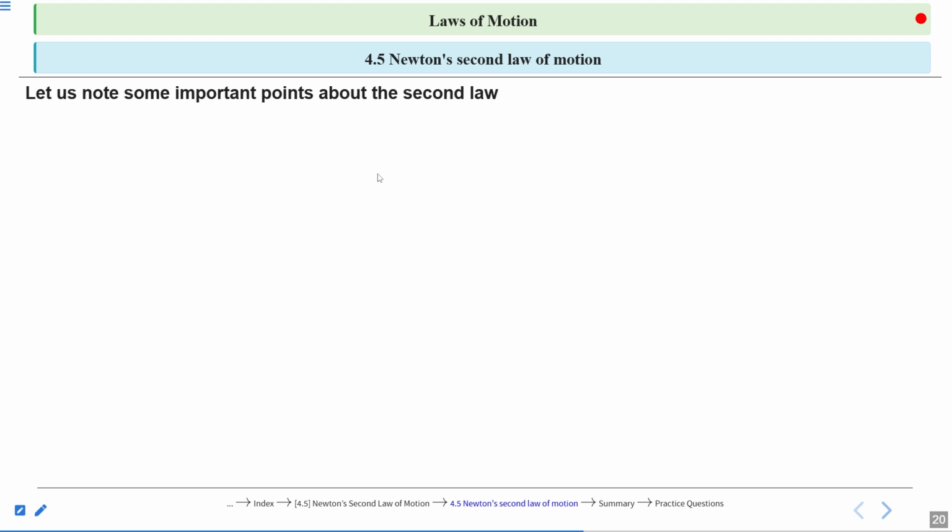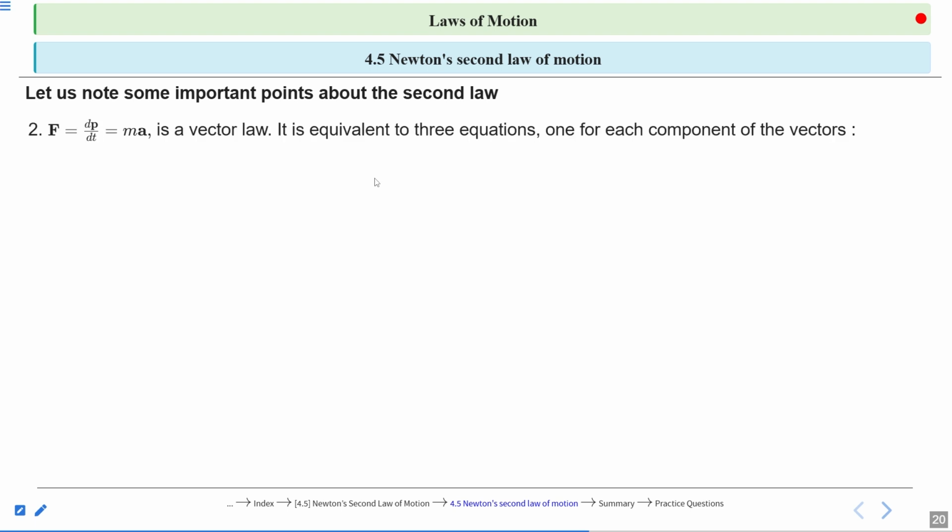Let us note some important points about the second law. So second point is F = dp/dt = ma is a vector law. It is equivalent to 3 equations, one for each component of the vectors. So Fx = dpx/dt = max.